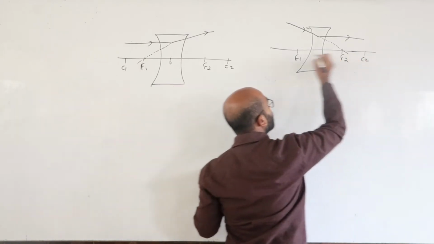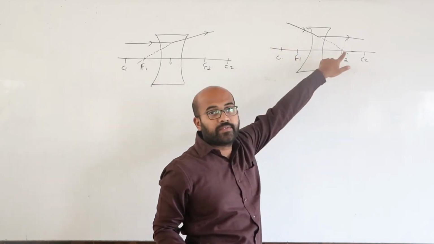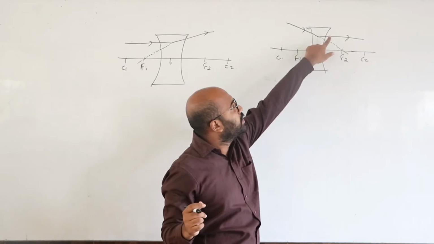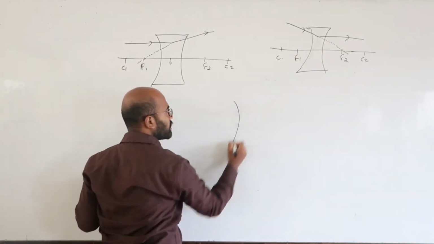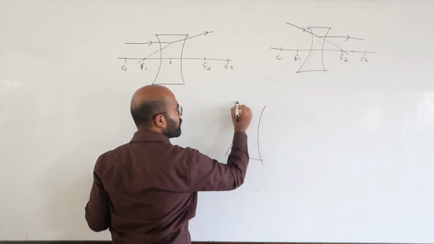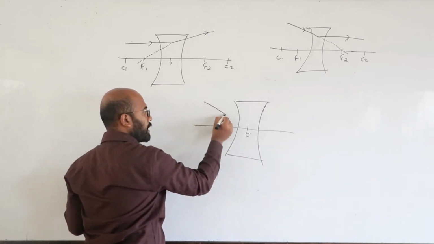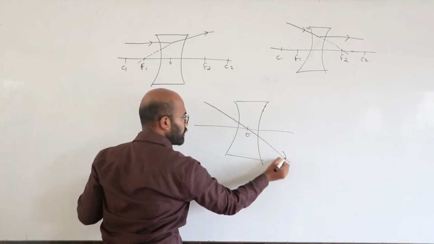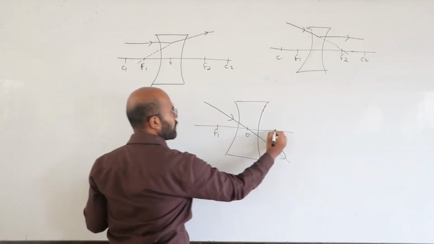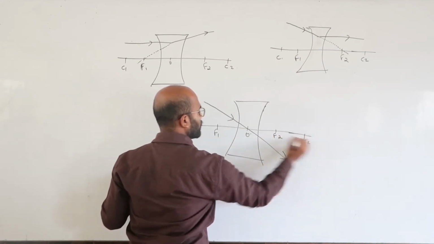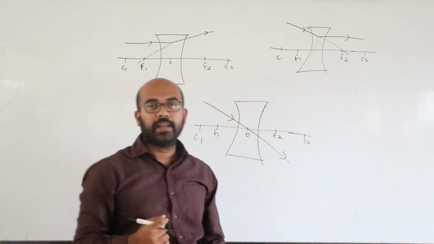So this is C2, C1. I repeat, if the extended light ray passes through the principal focus, then the refracted light ray is parallel to principal axis. Next. Optic center. Light ray passing through the optic center goes undeviated. So F1, F2, C2, C1. It goes in the same straight line.